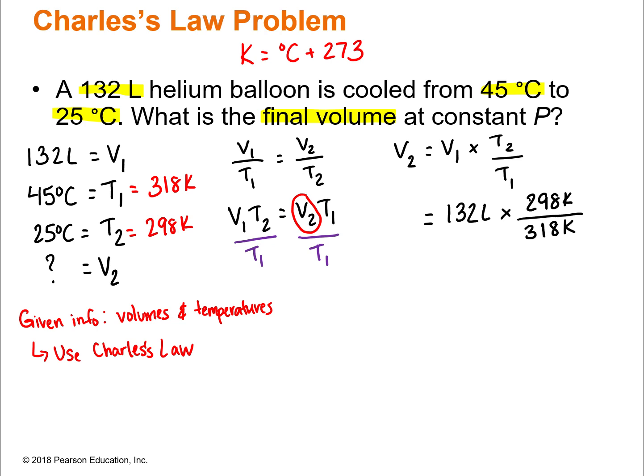I always like to double check and make sure that I put everything in right. So T2 is 298 Kelvin. T1 is 318 Kelvin. Great.